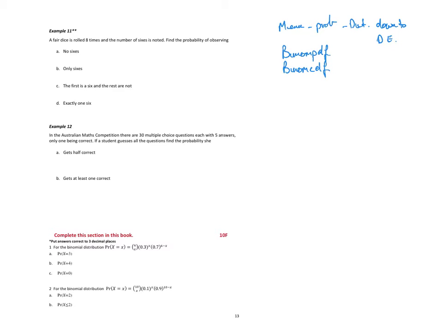And what they do is the binomial distribution, binomial probability density function, Binom PDF.